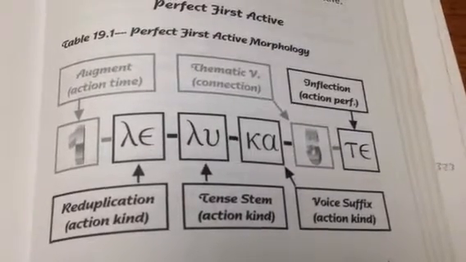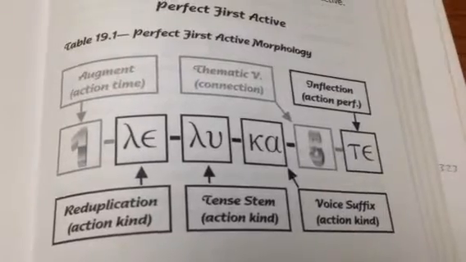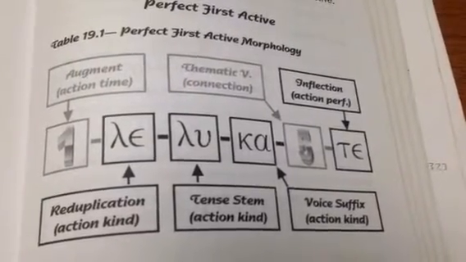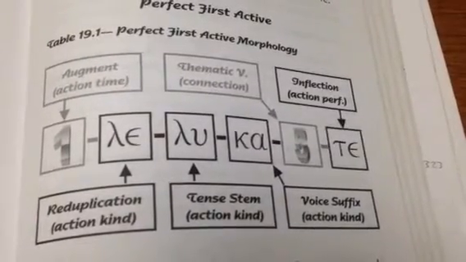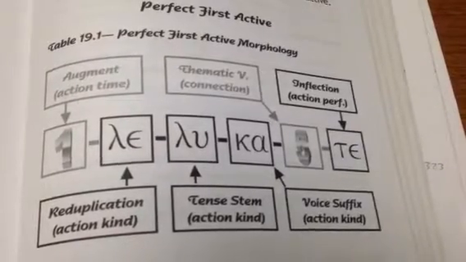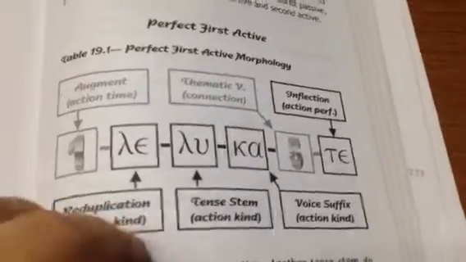And so it's specific for action kind, for perfective action. Of course, we have box number 3, tense stem, and we see a different voice suffix, and we're quite familiar with that at this point. We don't have a thematic vowel because our voice suffix has a vowel built in, and of course we have inflection.